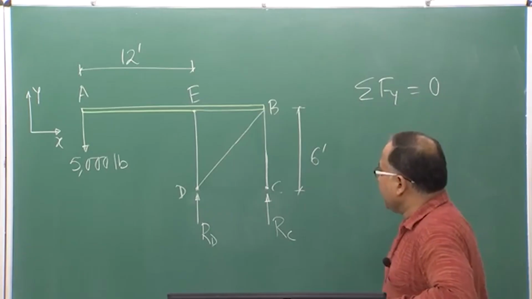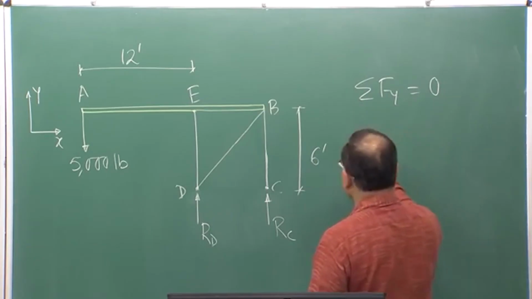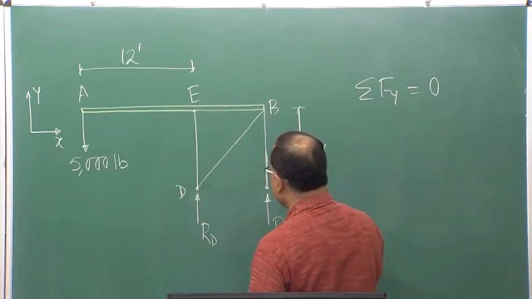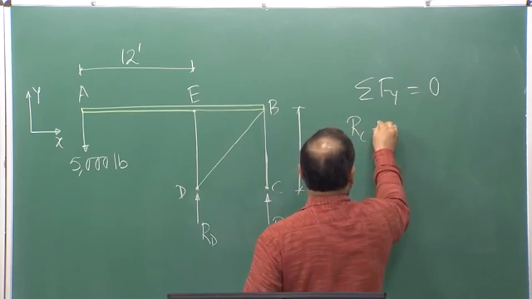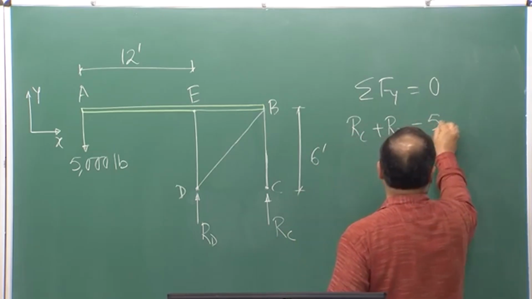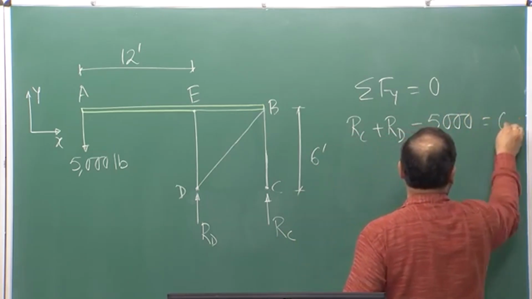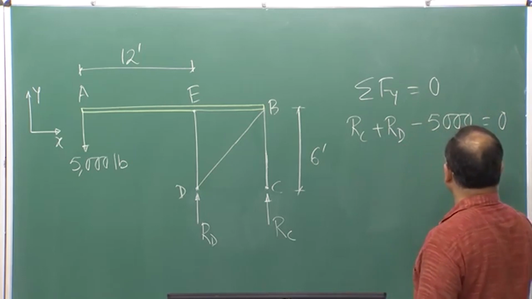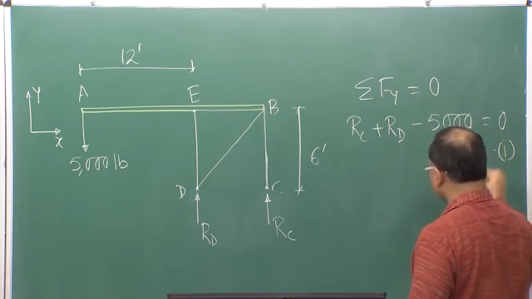So summation of Fy equal to 0. What forces are acting? RC plus RD minus 5000 equal to 0. This is my equation 1.